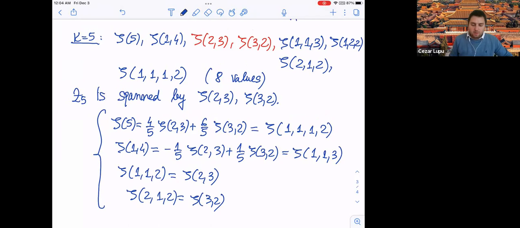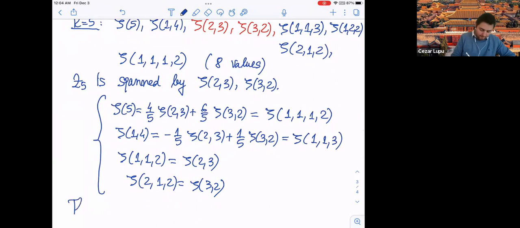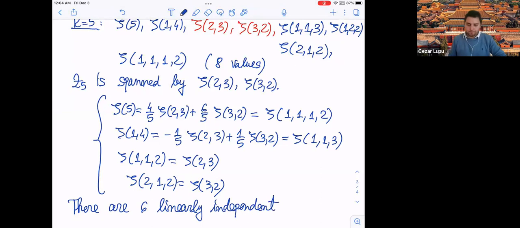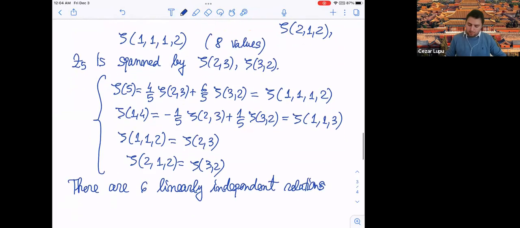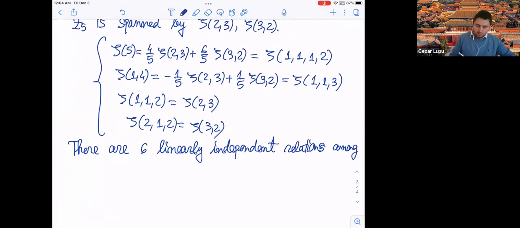So in other words, we can say that there are 6 linearly independent relations among these 8 numbers, right? In other words, this will imply that D5 is less or equal than 2, right?